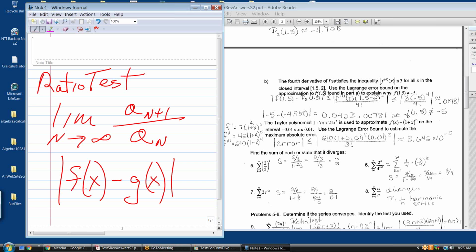You take the infinite series, you subtract the part of the Taylor polynomial that you're going to use to approximate it, then that's your error. Well, when she did that here, she came up with 0.042, which is correct. But that's greater than the error that we're supposed to be getting.